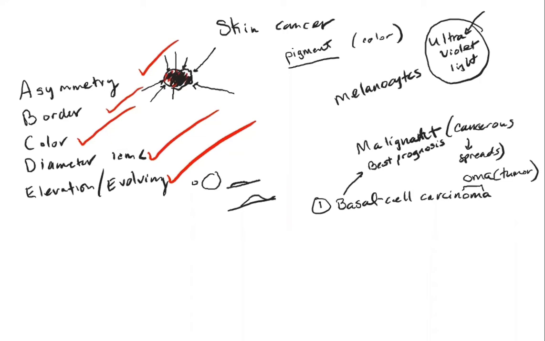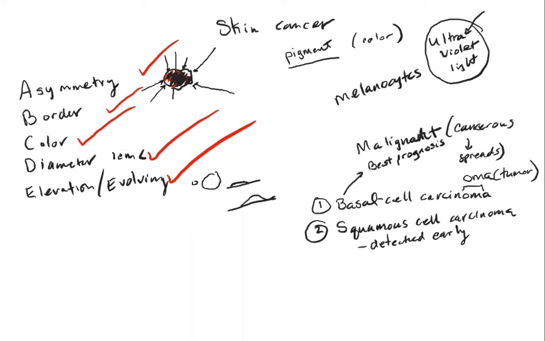Yes, sir. The second type is known as squamous cell carcinoma. This one's a little bit different. This one can become aggressive. The only thing that you need to know about this one is that it should be detected early.